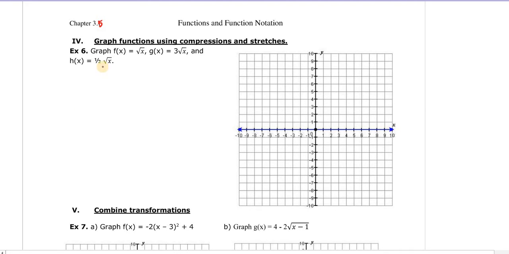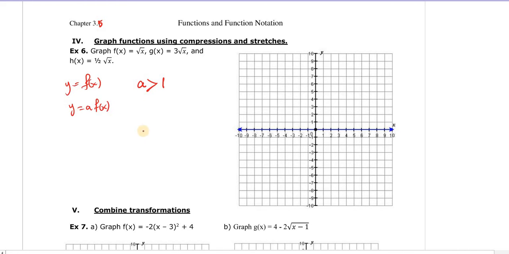So if you're looking at a function f of x, and you multiply that function by a number a such that a is greater than 1, meaning it's not a fraction, the function is going to stretch vertically. So y equals a f of x stretches vertically.